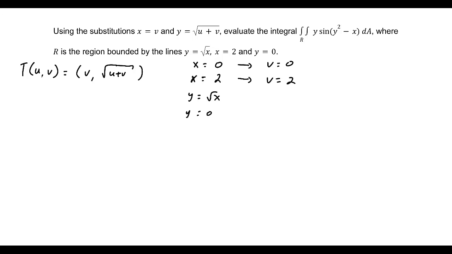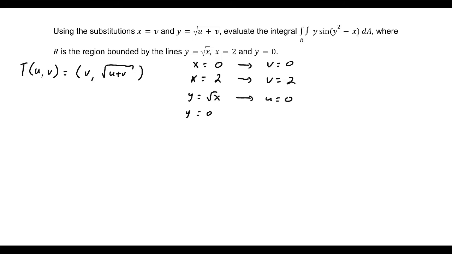However, when we look at y equals the square root of x, since the equation we have to relate this is the square root of u plus v, that means that the square root of u plus v as a quantity equals the square root of v, because x is equal to v. That actually necessitates that u is equal to 0. So that restriction converts into u being 0.